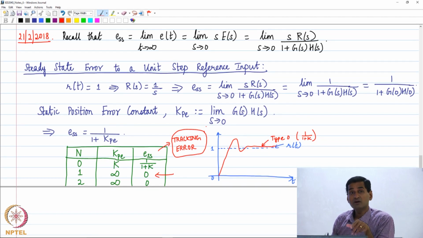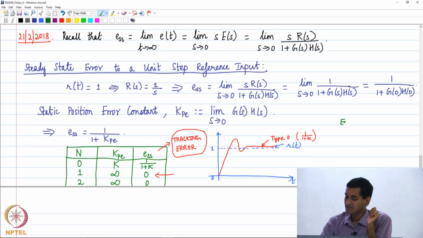So if my plant does not have a pole at the origin, that means it doesn't have a 1 by s term, how can I introduce a 1 by s term in the open loop transfer function? Typically P of s is given to us, it's what the system is.